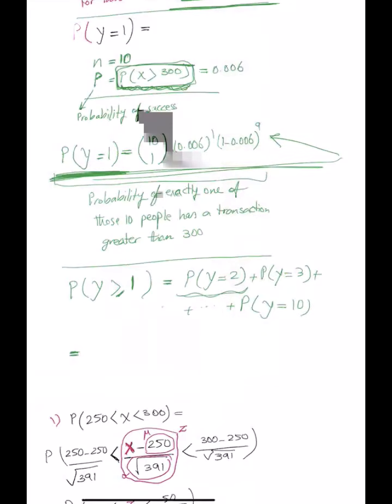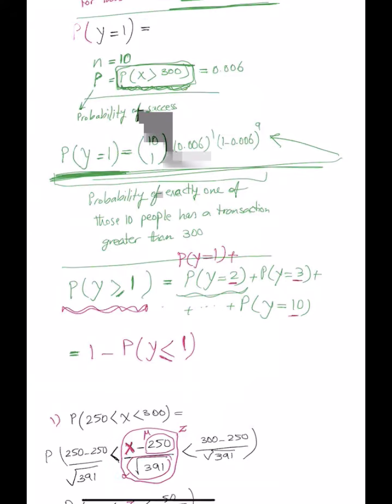Rewrite it as 1 minus the probability of Y less than or equal to 1. Okay, as 1 minus probability of Y. Should I put less than or equal to 1, or just less than 1? Probability of Y greater than or equal to 1 also includes probability of Y equals 1 plus equals 2, 3, all the way to 10.